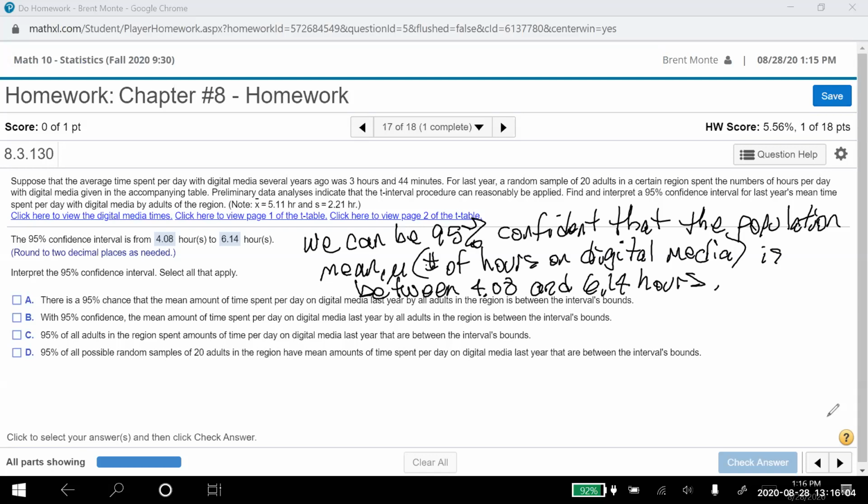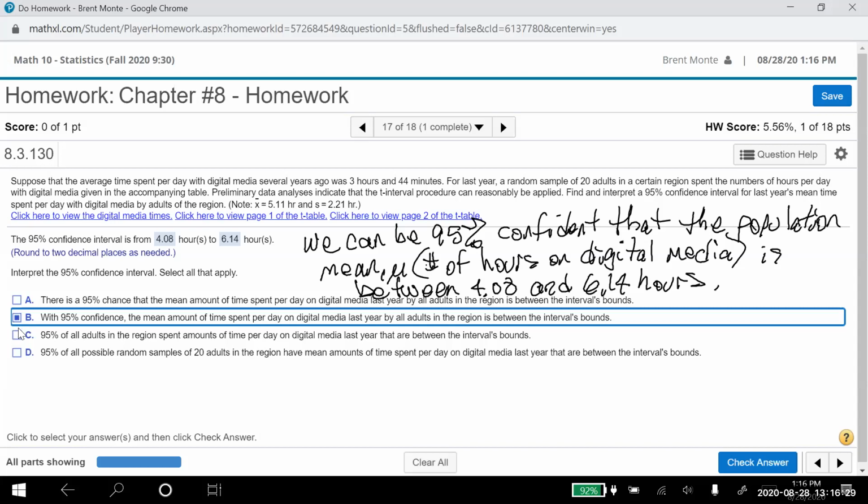So let's look. There's a 95% chance that the mean amount of time spent per day on digital media last year by all adults in the region is between the interval's bounds. With 95% confidence, well, that sounded good, the mean amount of time spent per day on digital media last year by all adults in the region is between the interval's bounds. That's what we're looking for. 95% of all adults in the region?